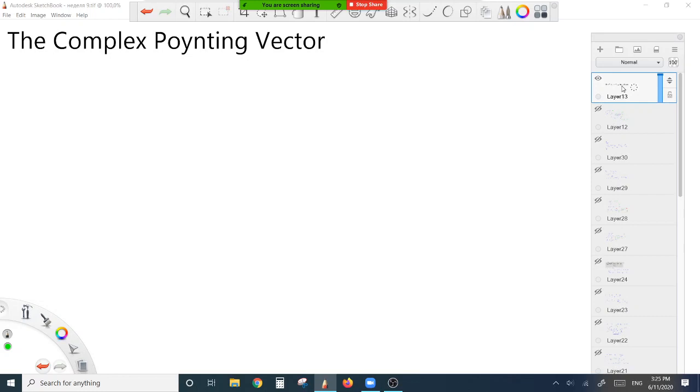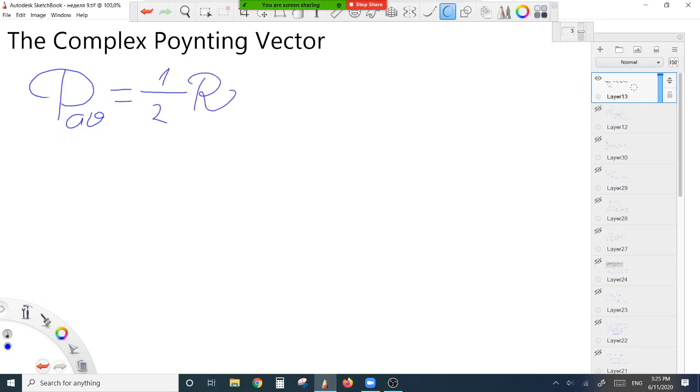Okay, in this example we have defined the time averaged Poynting vector as equal to 1 over 2 of the real part of E cross H complex conjugate, since the fields used to find this relation were completely general phasors.